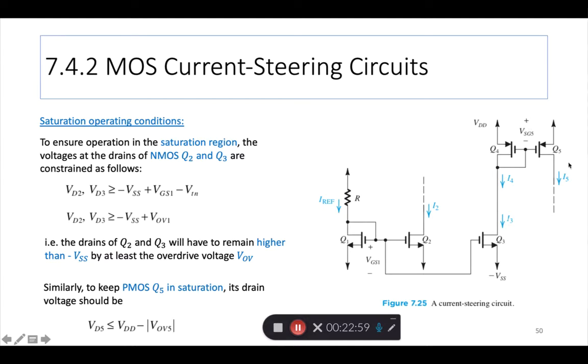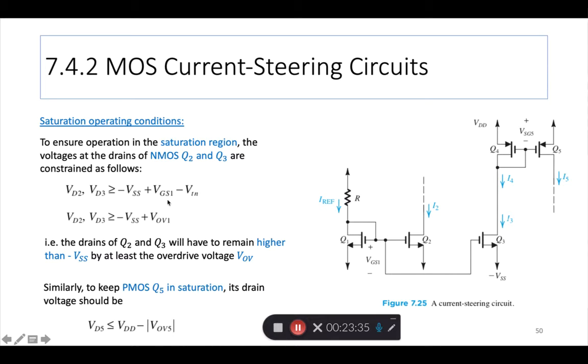Similarly, you need to keep Q5 in saturation, and remember this is a PMOS, so the relationship is slightly different. It has more to do with VDD here. So VD5, the voltage here, has to be less than or equal to VDD minus the absolute value of VOV5. And here VOV5 depends on VSG5, which is different from VGS1.